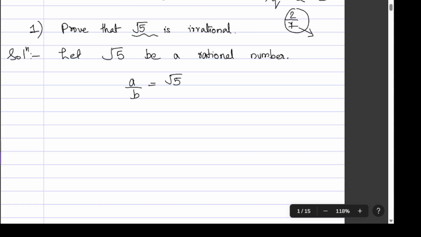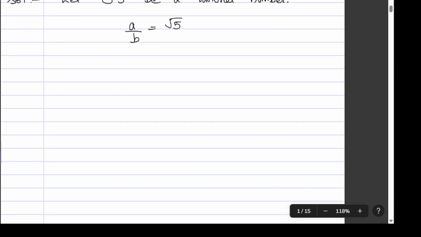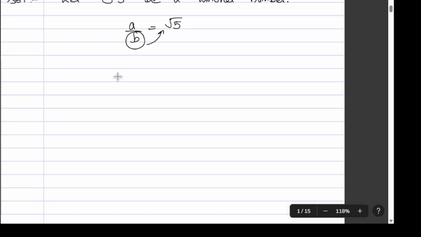So here a and b are coprimes. a by b is equal to root 5. In the next step I am going to move this b to this side. So a equal to b root 5. This one I am going to give equation number 1.